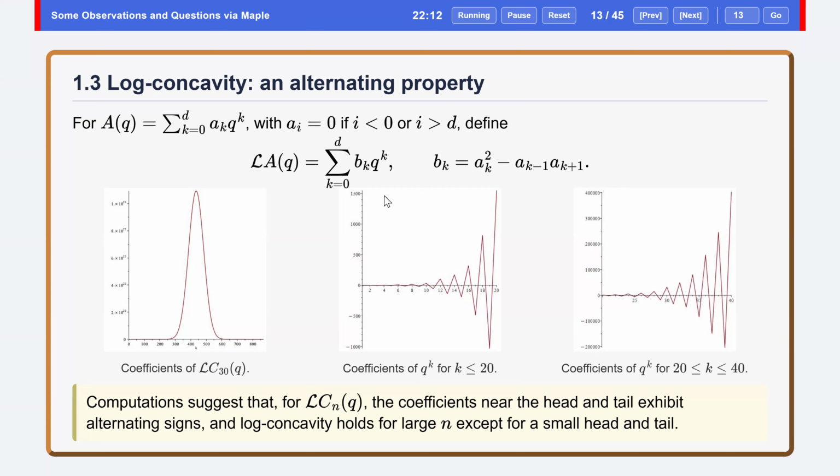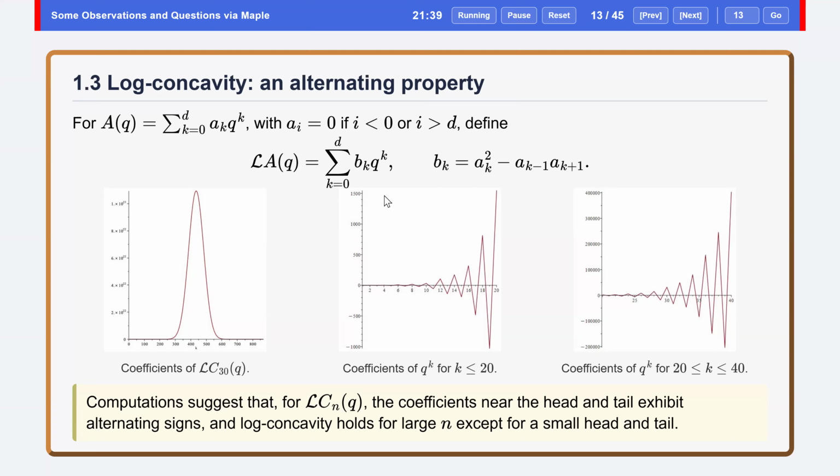For q-Catalan numbers, the log-concavity is not generally true, but essentially true, as we conjecture. Here we consider the sequence b_k, the sequence we wish to prove to be non-negative for the log-concavity.